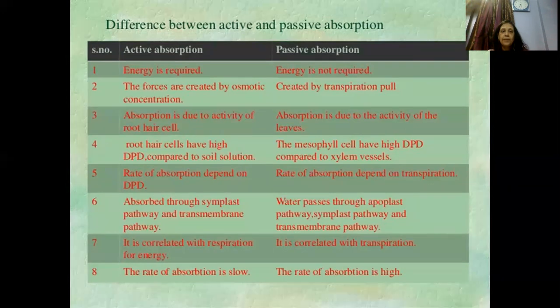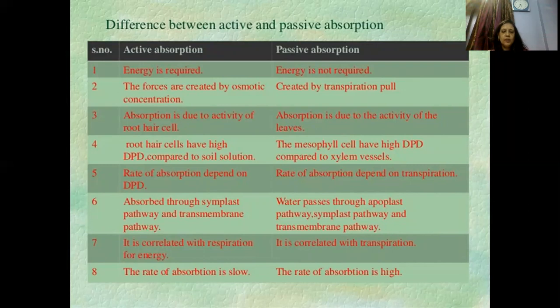The forces are created by the osmotic concentration. In passive absorption it is created by the transpiration pull. So go through this difference between active and passive absorption, okay. This could also be asked for 2 marks or 3 marks in the board exam. It is easier for you to understand when we put it in a differentiation form, okay students.